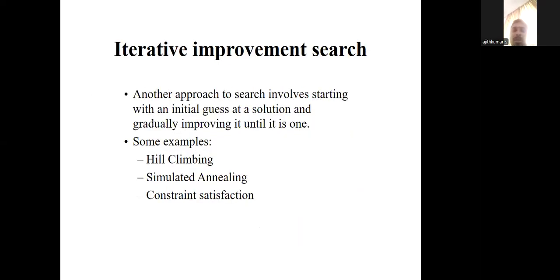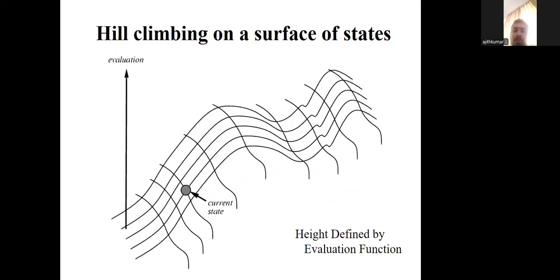Iterative improvement search is another approach to search that involves starting with an initial guess at a solution and gradually improving it until it is one. Some examples are hill climbing, simulated annealing, and constraint satisfaction. See the diagram of hill climbing on a surface of states, with height defined by the evaluation function.